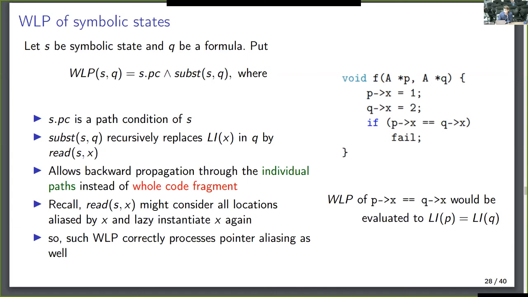So this fail, of course, might happen if p and q reference the same location. If these two pointers are identical, then we get this fail. And within this formulation of the weakest liberal precondition with lazy instantiations, we actually get the correct formulation of the WLP through this code. So if we compute the WLP of this condition, we will evaluate it to the equality property of two pointers. This is one nice thing.